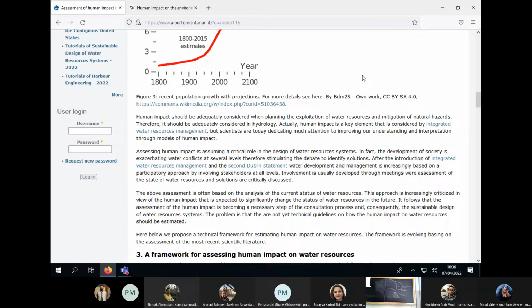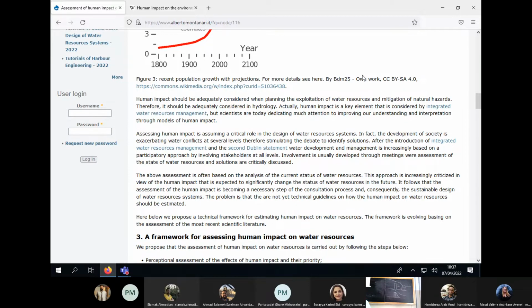Keep in mind that the technical aspect is usually not discussed in international forums, where they mainly discuss policy, the efficient use of resources, but the technical implication in terms of quantitative evaluation of the outcome of policies is usually not discussed. It's a task for the engineers, and it is something that is very often neglected.